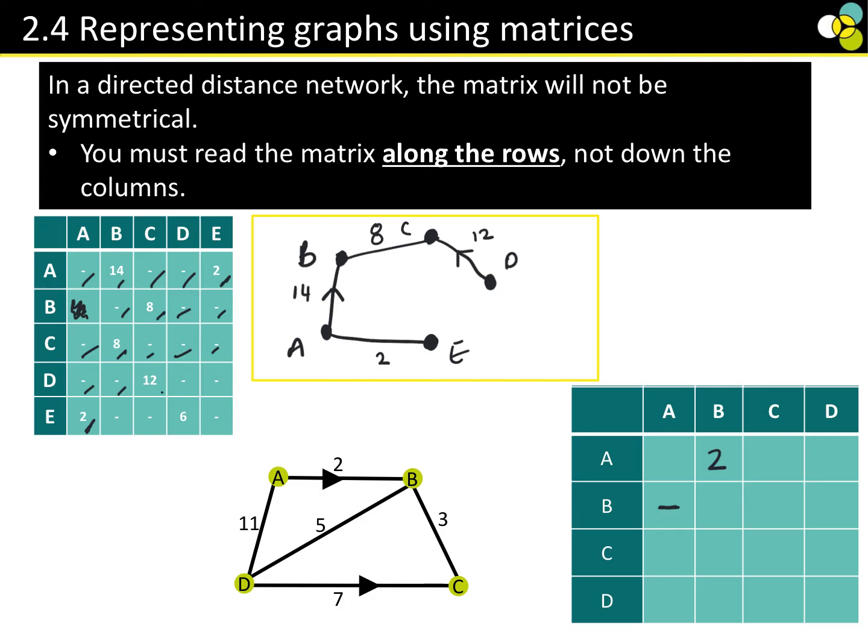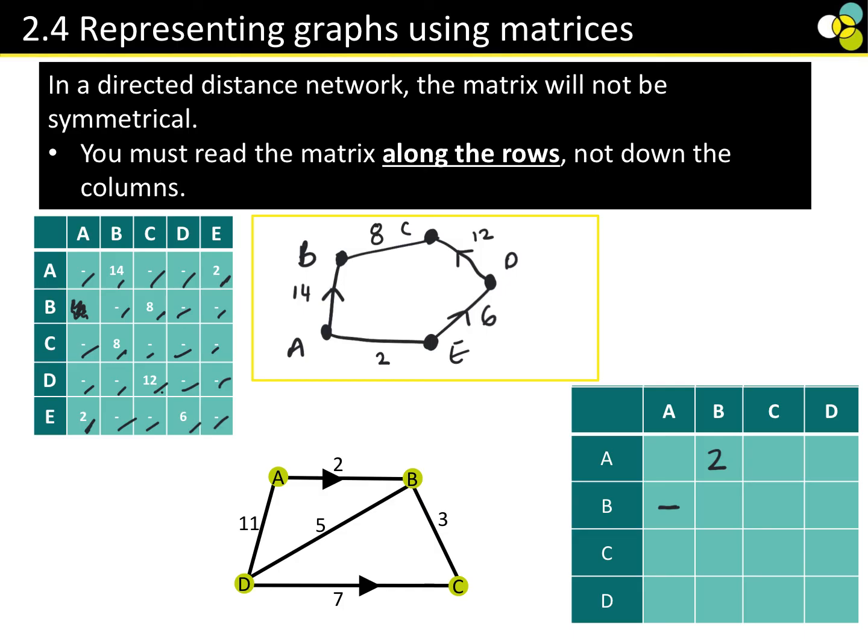Okay, and that's in this direction from D to C. So, remember, because we always read from the rows across. Okay, so that's done. And then E to D is 6, and that is in this direction.